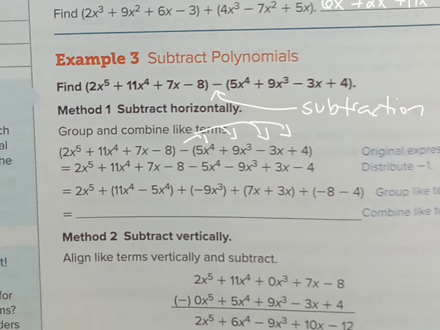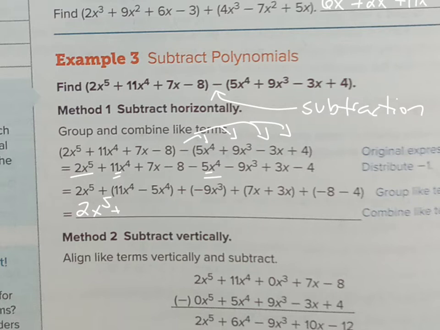Okay, but again, they rearrange it. You need to figure out how to not miss a term when there's this many. Okay, so they're saying, well, there's no other x to the 5th here, so we were just going to write 2x to the 5th. You're going through and looking for x to the 4th, right? 11x to the fourth minus 5x to the fourth. Again, we don't have to worry about the subtraction anymore because we distributed the negative sign. Okay, so we have 2x to the fifth.